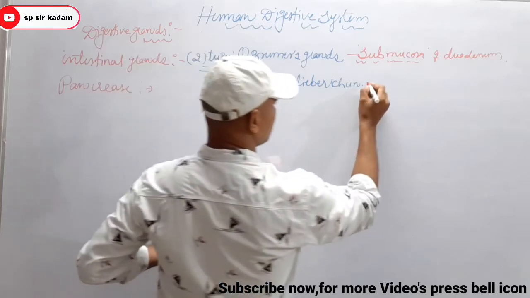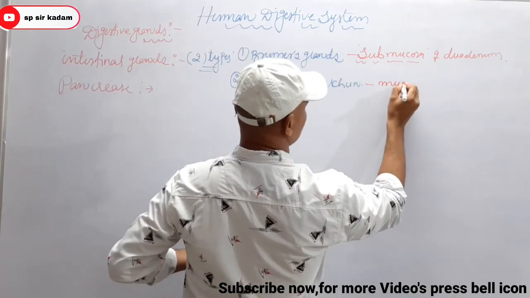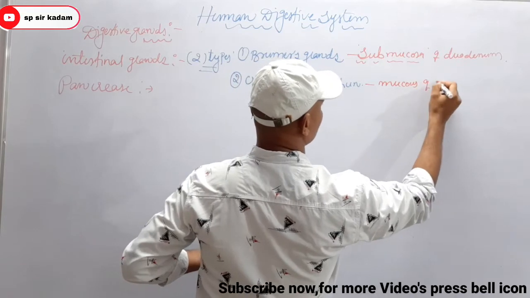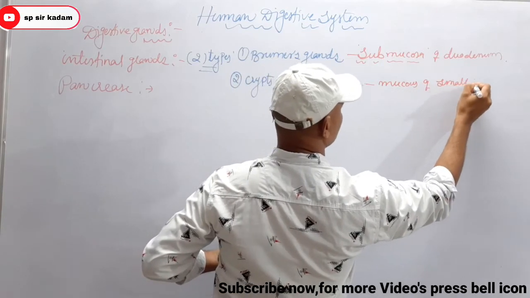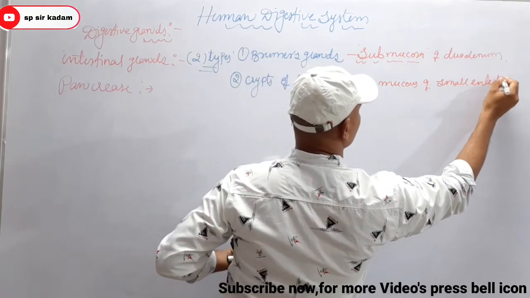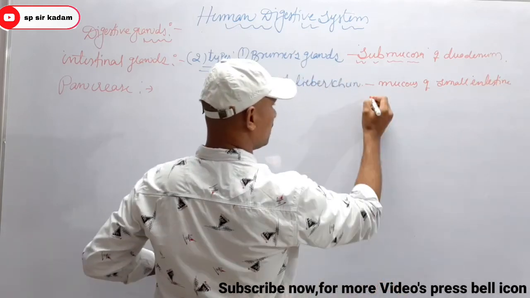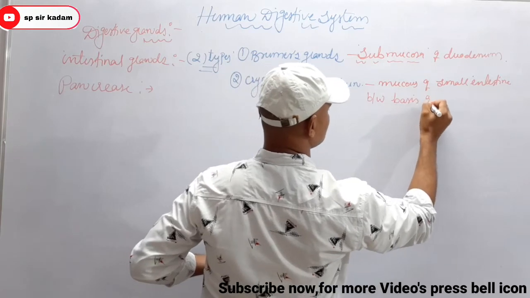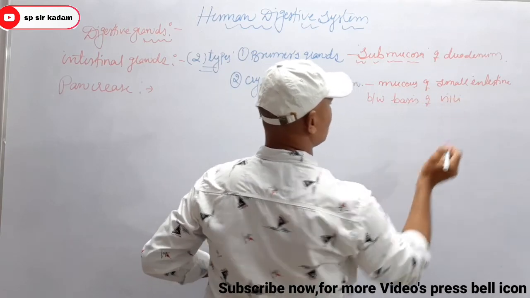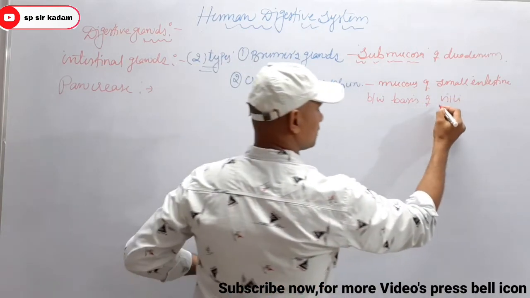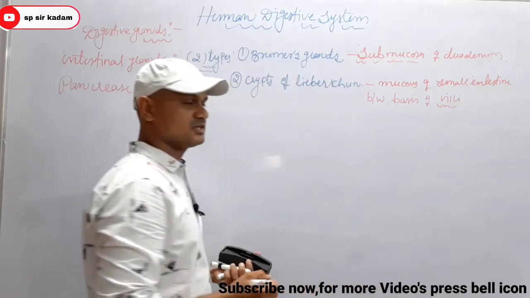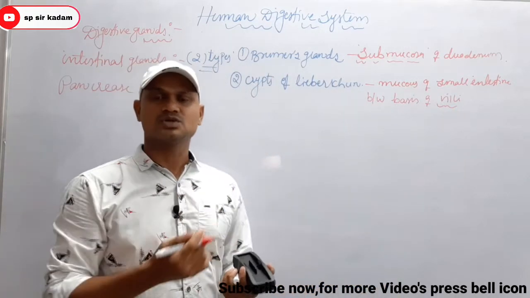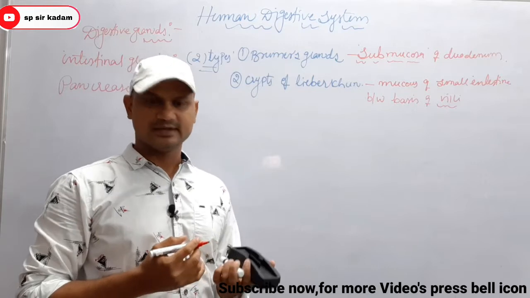So crypts of Lieberkühn are present in the mucosa of small intestine, between the bases of villi. We know the villi are the finger-like projections that come out from the walls of the small intestine.